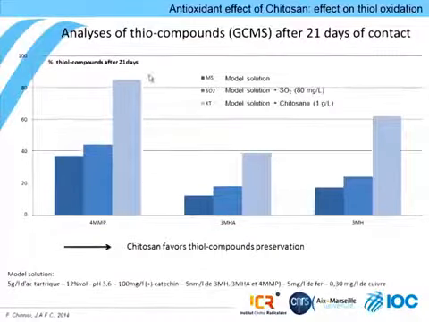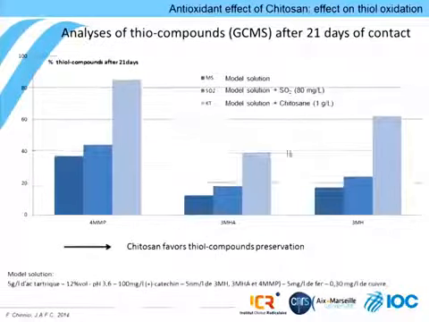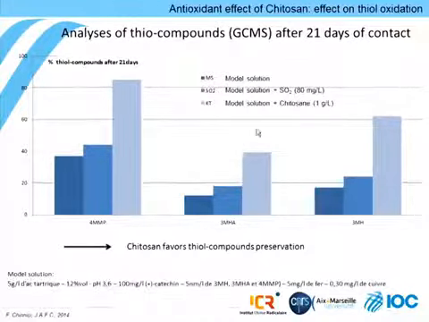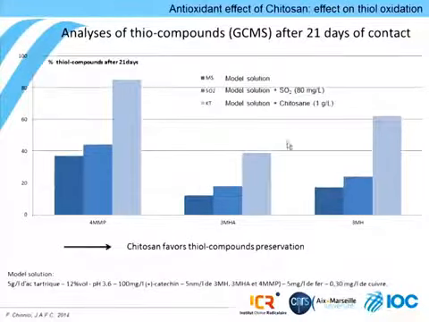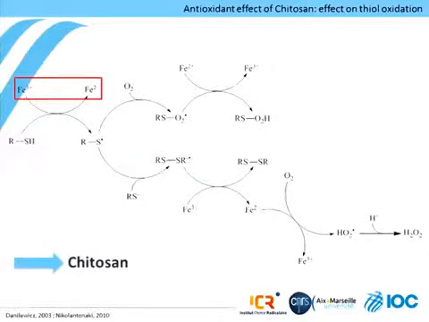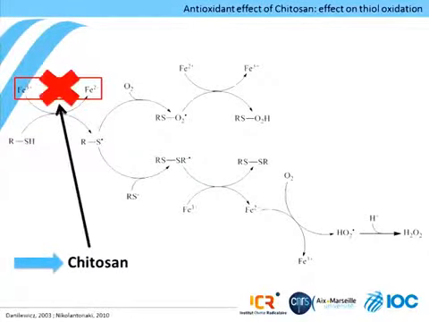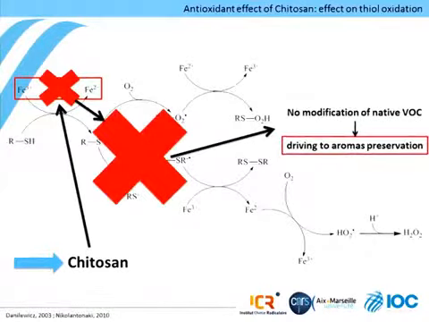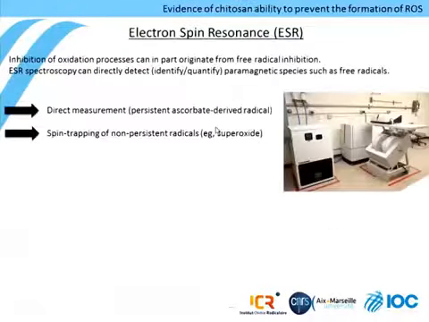After 21 days of contact, the solution was dosed, and he saw that using chitosan permitted to preserve thiol compounds much more effectively than in the simple usage of the central compound. As you can well imagine, this in turn made it possible to assess the effectiveness of chitosan in quenching solution metals, which quenches in turn all those reactions that modify volatile compounds. Therefore, there is a preservation of wine aromas.